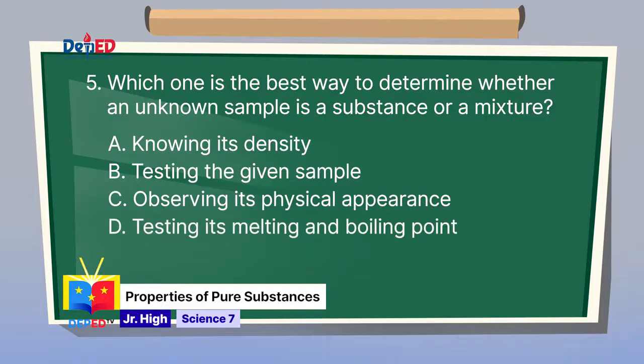D. Testing its melting and boiling point. Sometimes, it's too hard to distinguish a substance from mixture. But the best way to do it is to test its melting and boiling point. The correct answer is letter D.